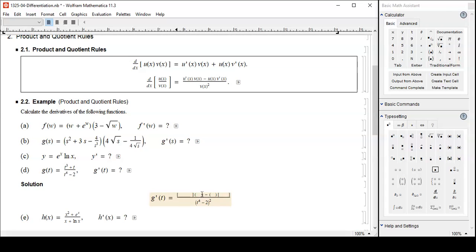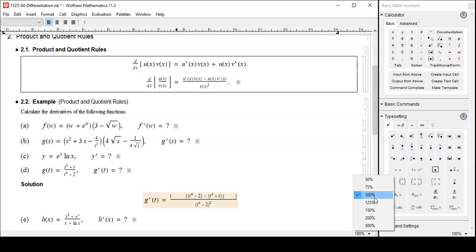U prime v, what's the denominator here? E to the 4th power minus 2. And u here, t cubed plus t. Oops. Sorry about the typo. And then we have to fill out this derivative here and this derivative there.